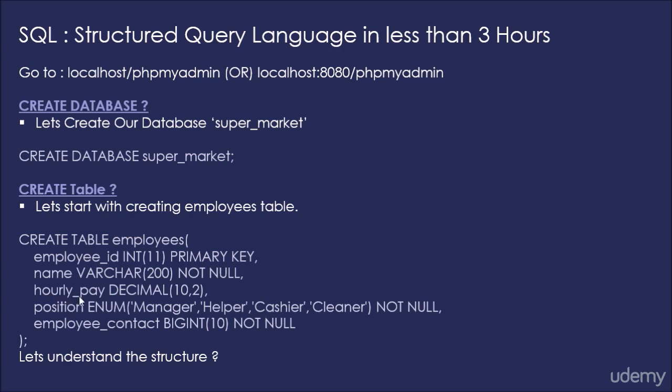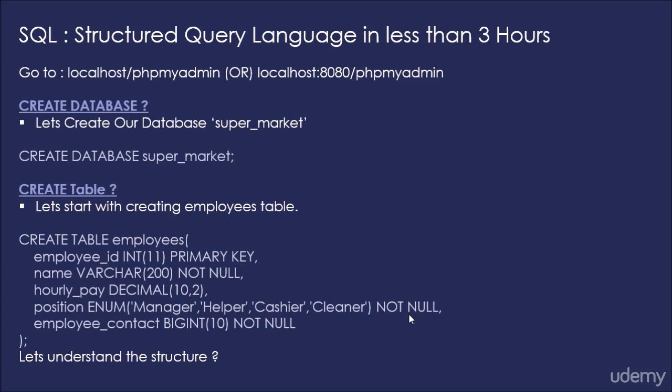The third is the hourly pay, and it is a decimal. So you can enter something like 9.50 if the employee is going to make $9.50 for every hour of work. The fourth is the position, and it can be either a manager or a helper or a cashier or a cleaner. And again, it cannot be null.